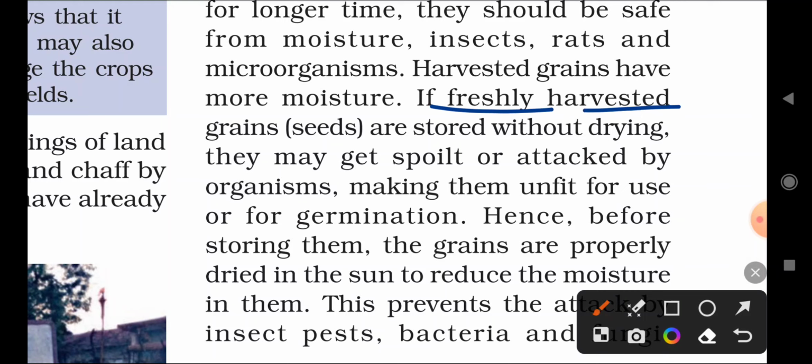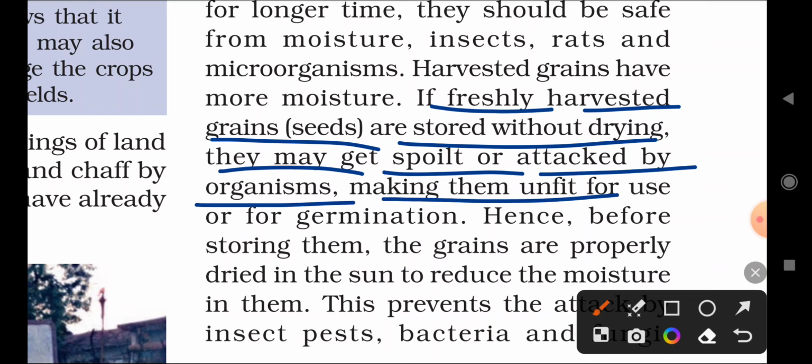If freshly harvested grains are stored without drying, they may get spoiled or be attacked by organisms, making them unfit for germination. When crops are freshly harvested, they are not stored in a godown or storage room, because at that time they are very moist, and that moisture attracts microorganisms and animals that eat the seeds, make them porous, and damage them.